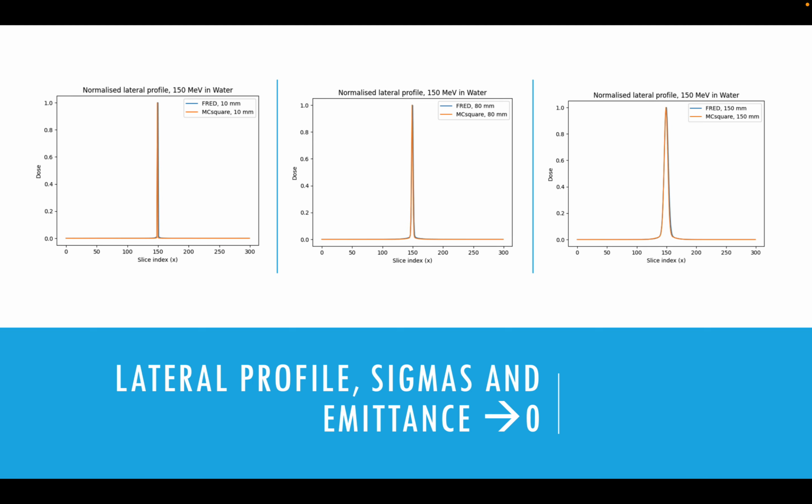But please keep in mind that I have made the emittance equal to 0 so that the beam spot is equal to 0. That is, my beam spot is a point spot.